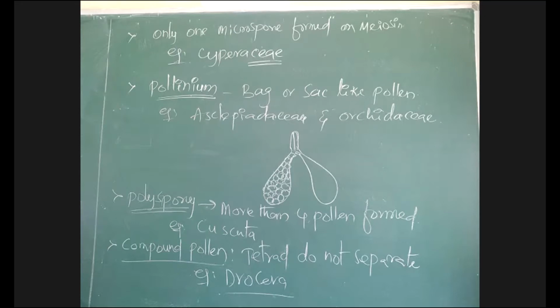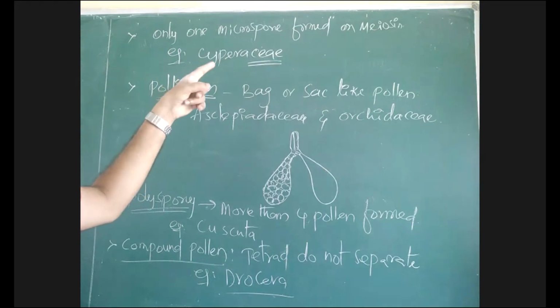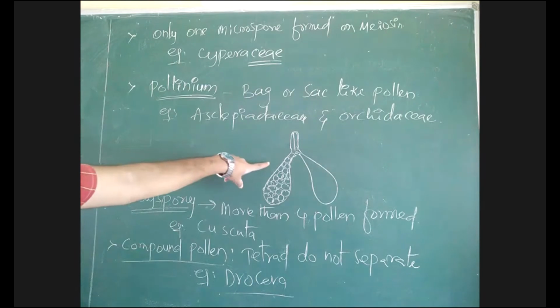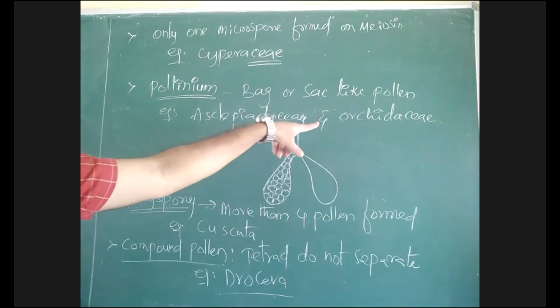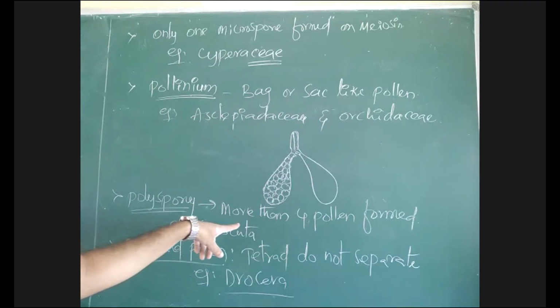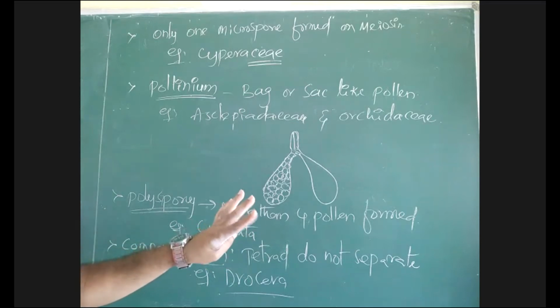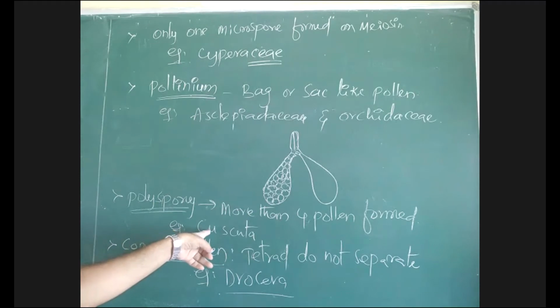That is normal. But there may be only one pollen grain formed, or pollen grains formed as a bag-like or sac-like structure in Asclepiadaceae and Orchidaceae members. A tetrad usually has only four, but there may be more than four, as found in Cuscuta.